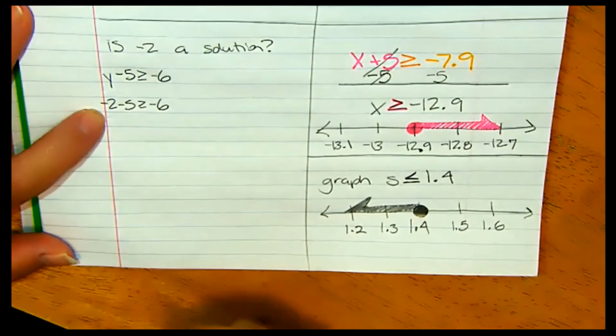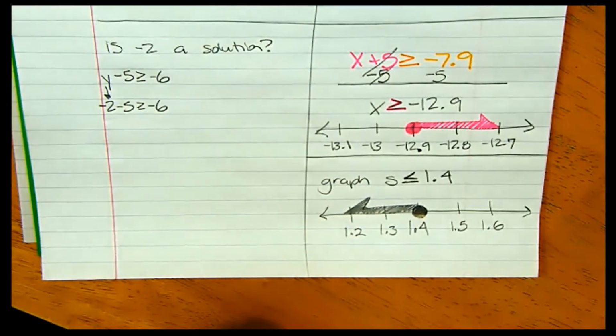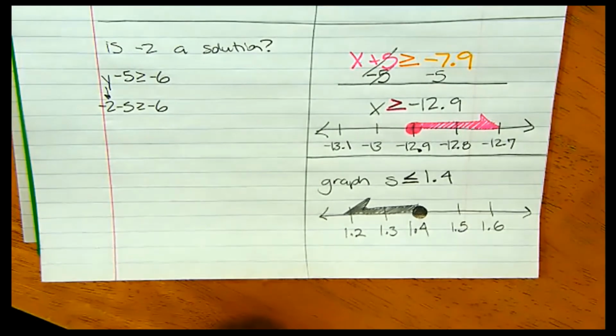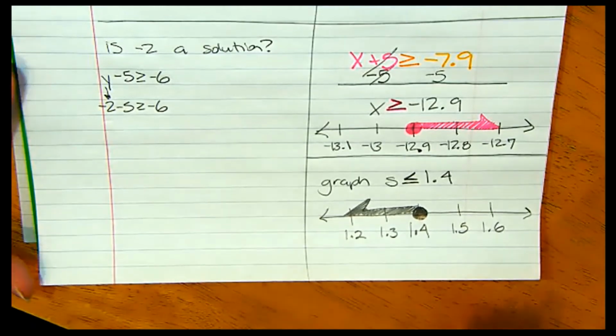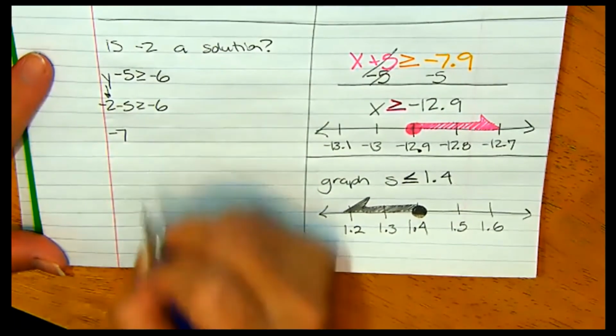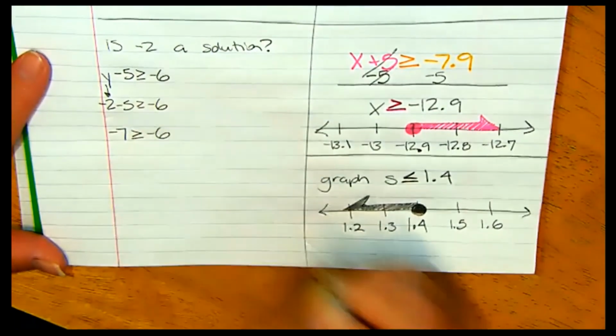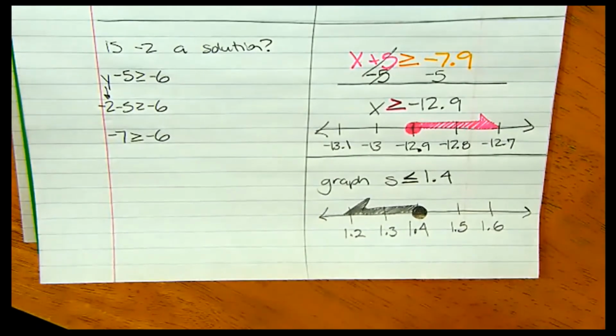We're substituting. So now I have a -2 and a -5. Remember, negative ninjas like to combine forces. So that will be -7. And everything else comes down. Now, when I look at this, -7 is greater than or equal to -6.